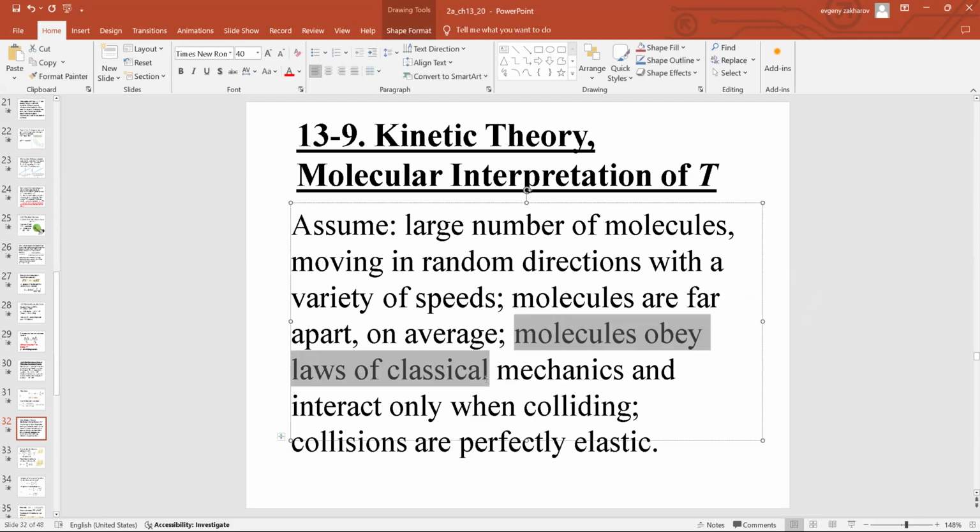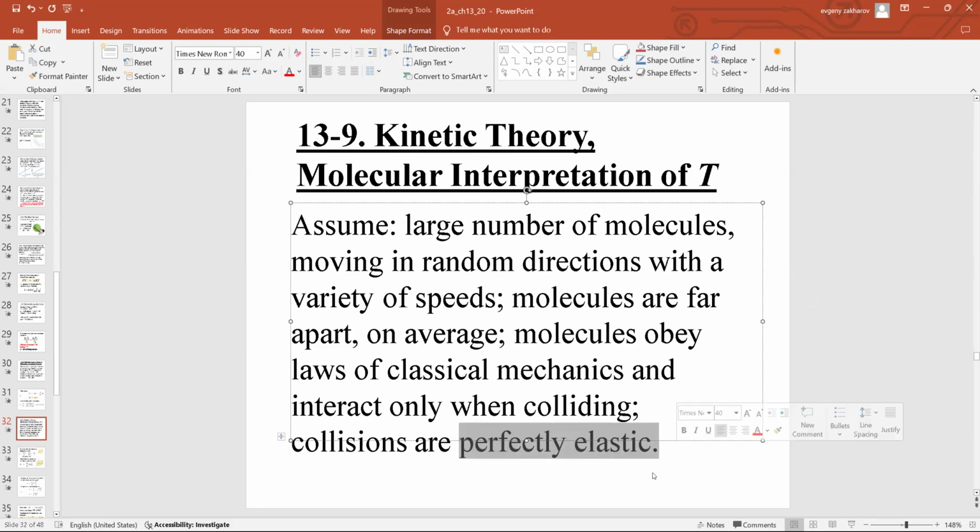So molecules obey classical mechanics and interact only when colliding. So collisions are perfectly elastic. Remember, a perfectly elastic collision is when kinetic energy is approximately conserved. Yes, there is a little bit of a loss, but we ignore that loss of kinetic energy in between those processes of collision.